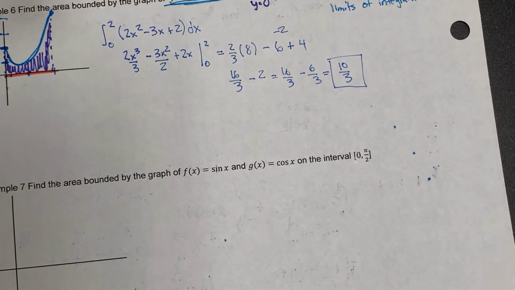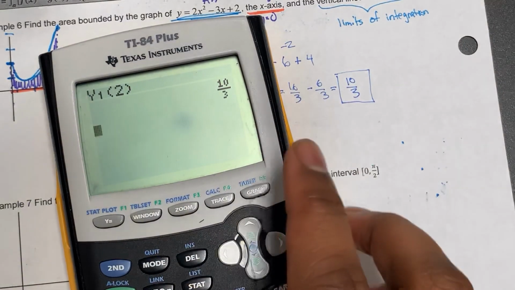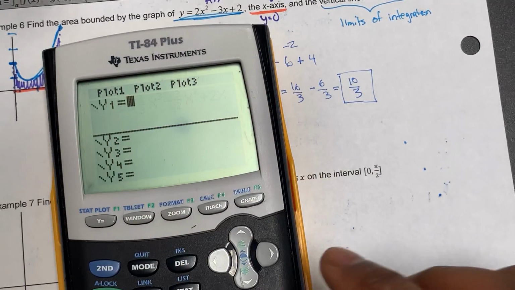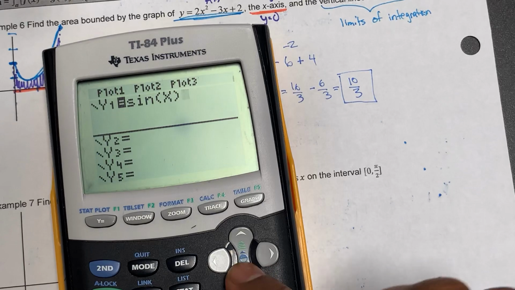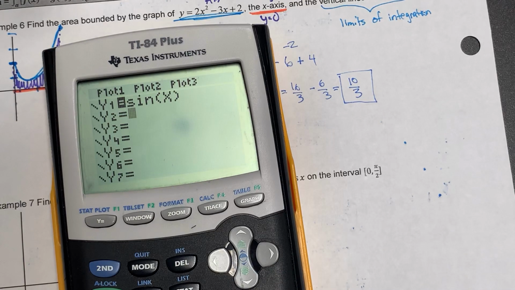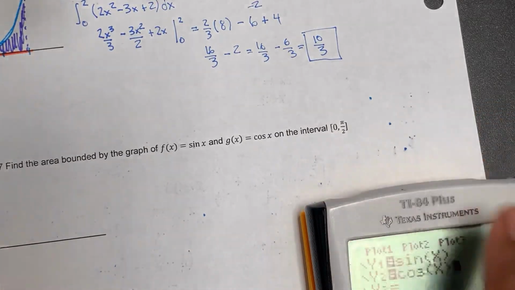For example 7, let's look at, I wish I had a color calculator. Let's look at two different functions. We'll say y equals sine x, and we'll do cosine x. Our limits are from 0 to pi over 2.